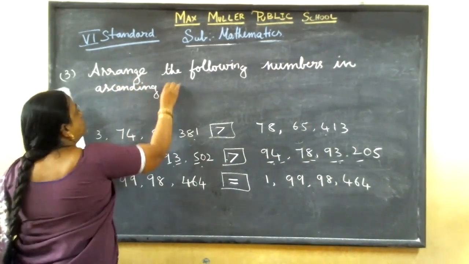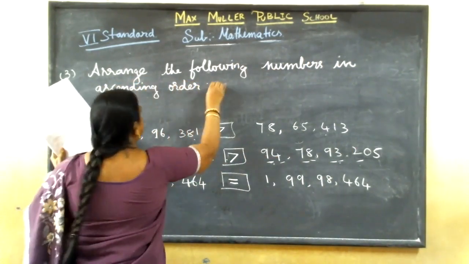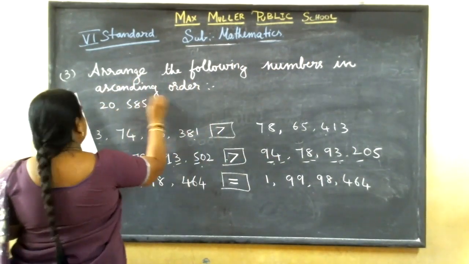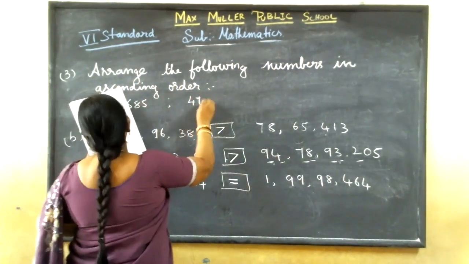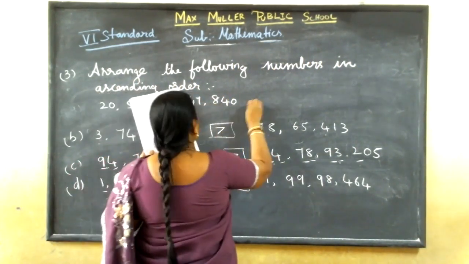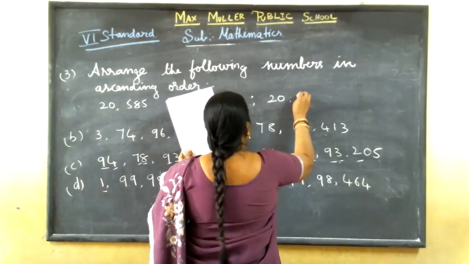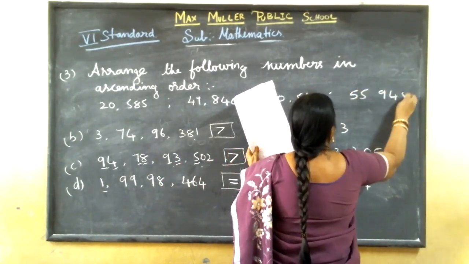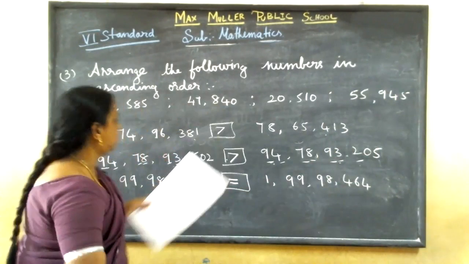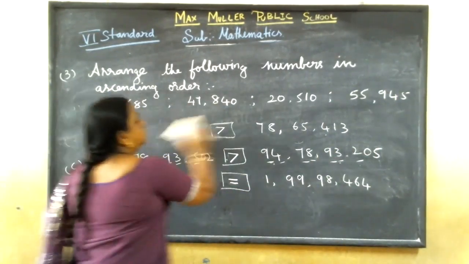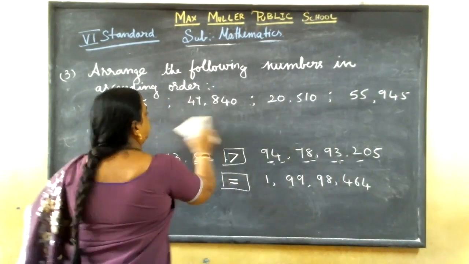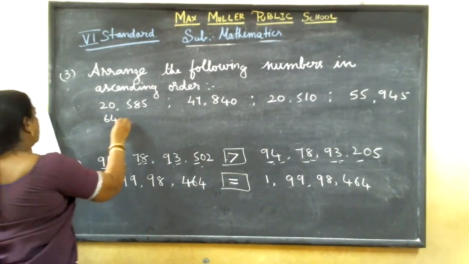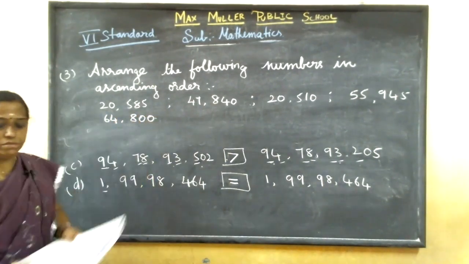First I'll copy the question. 20,585, 47,840, 55,945. So one more number is there. 64,800. Okay, this is the question.